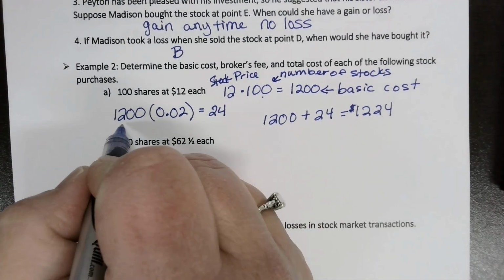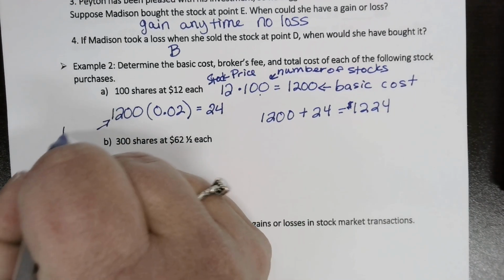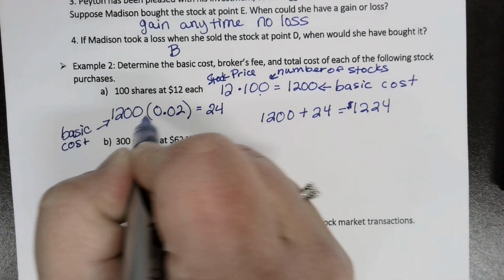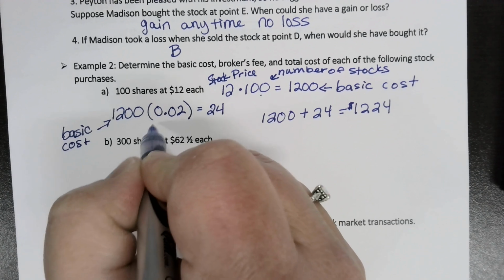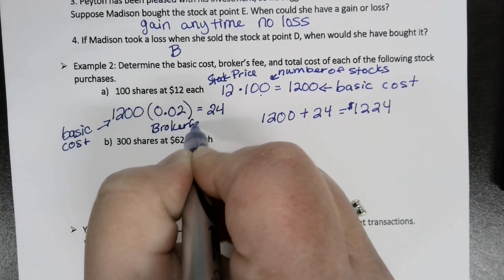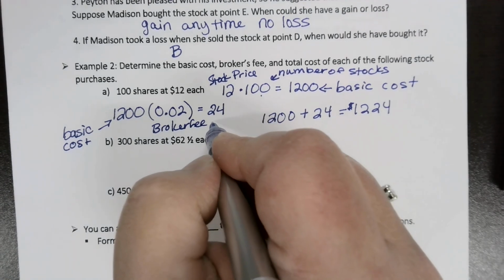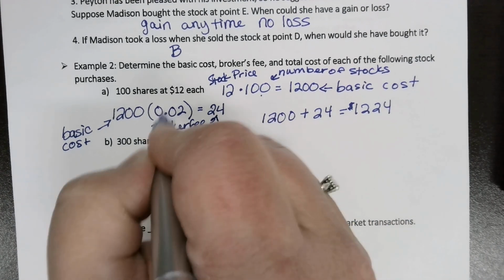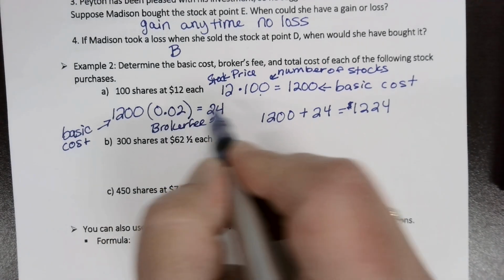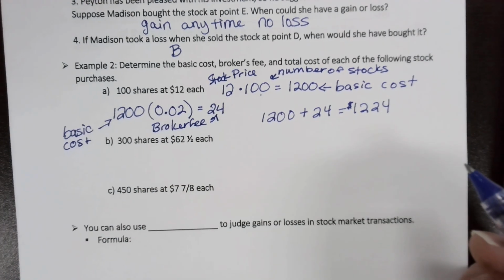Then I come over here with this basic cost again, and I'm going to multiply that by the broker fee, which is right here. It's a percentage, it's 2%, and I multiply it by 0.02 to get the total broker fee.